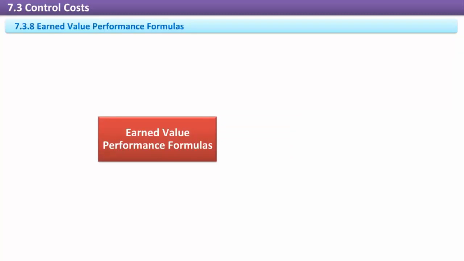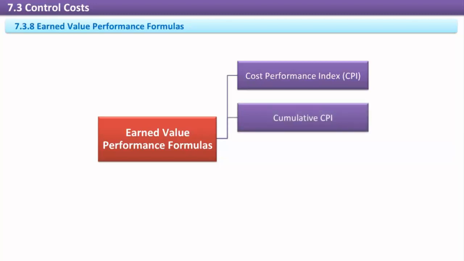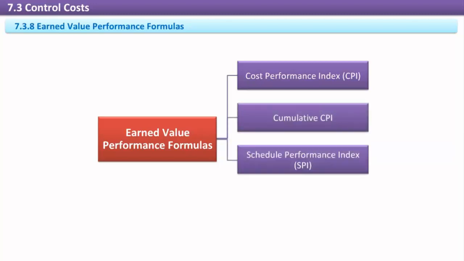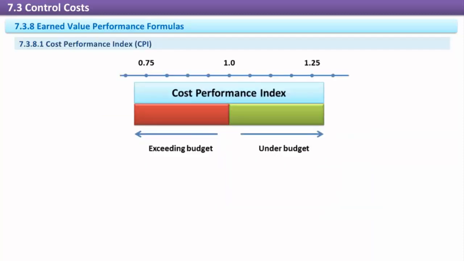Earned value performance formulas are Cost Performance Index (CPI), Cumulative CPI, Schedule Performance Index (SPI), and Cumulative SPI. Cost Performance Index (CPI). The Cost Performance Index shows how much work is being completed on the project for every unit of cost spent.